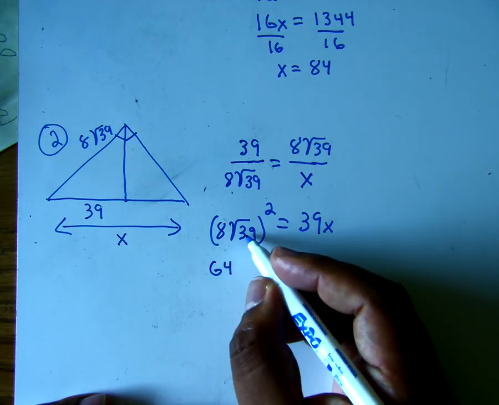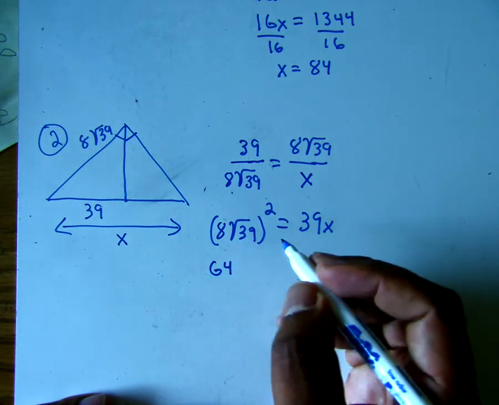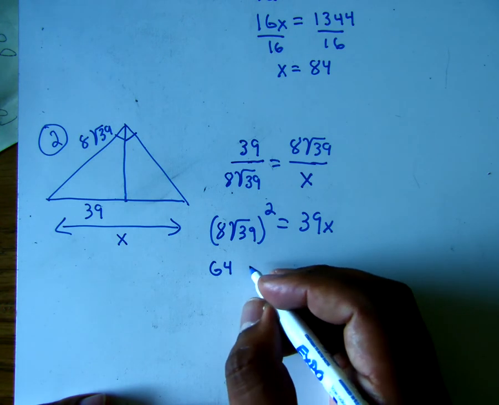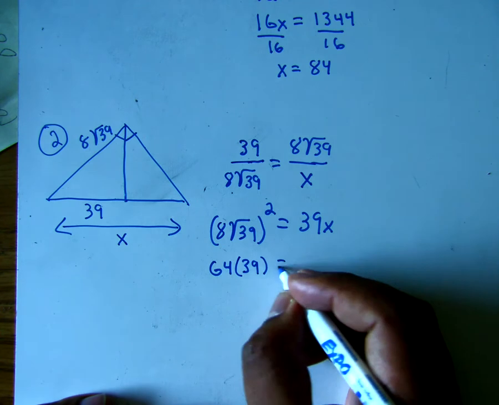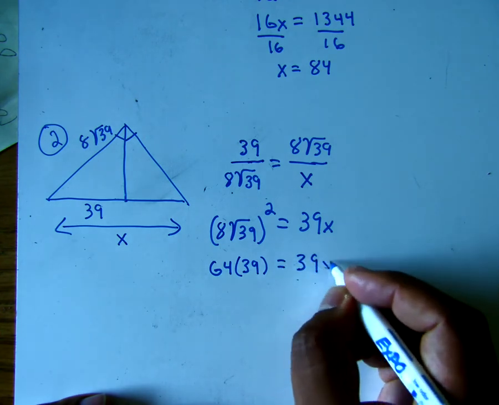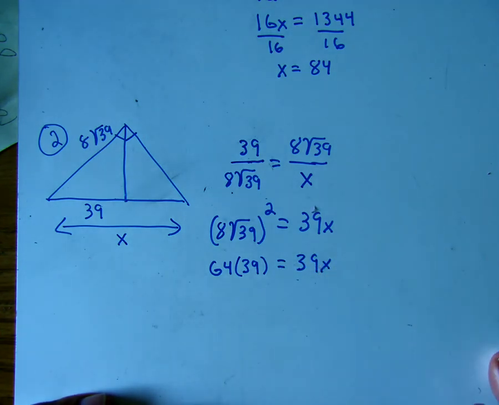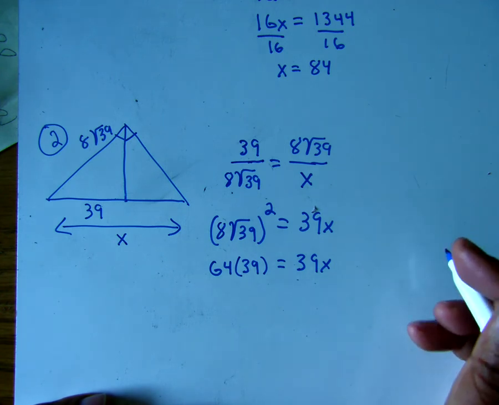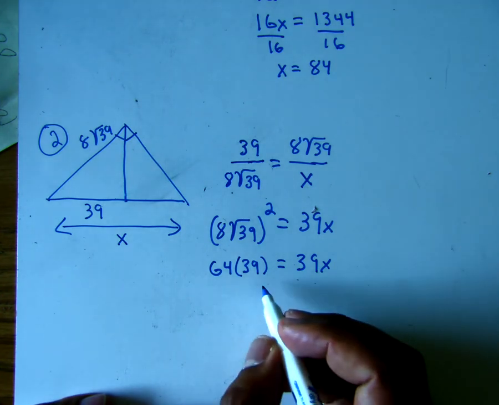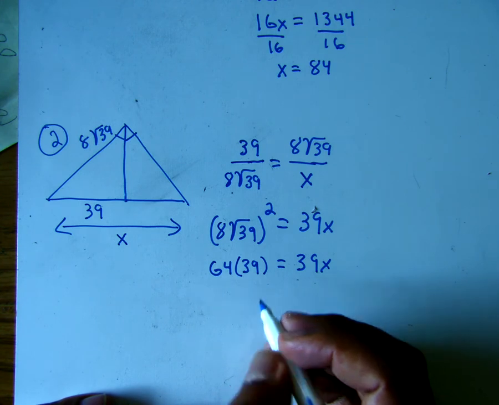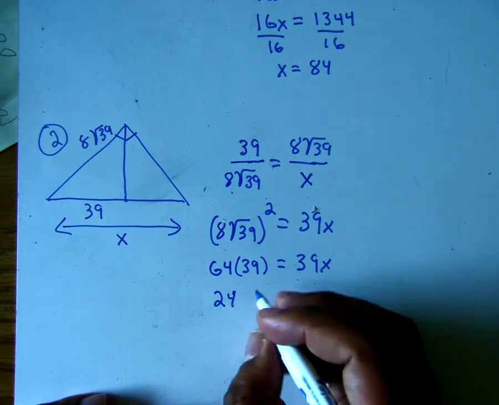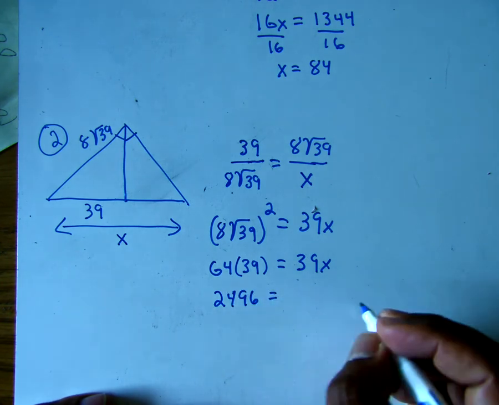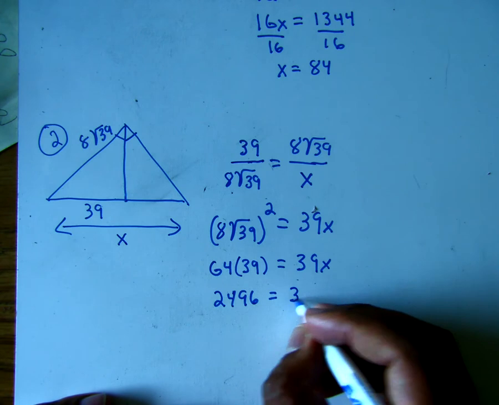And the square root of 39 times itself would be 39. Now, when we multiply 64 and 39, that's going to get us 2,496 equal to 39x.